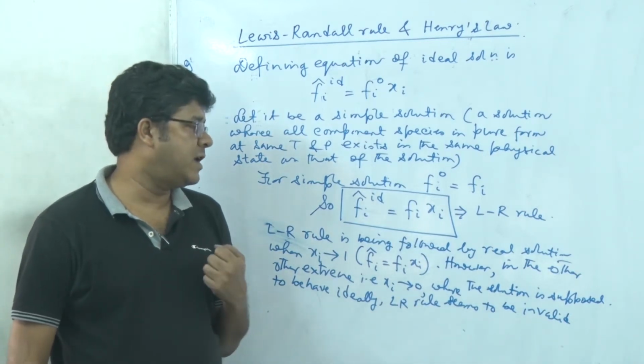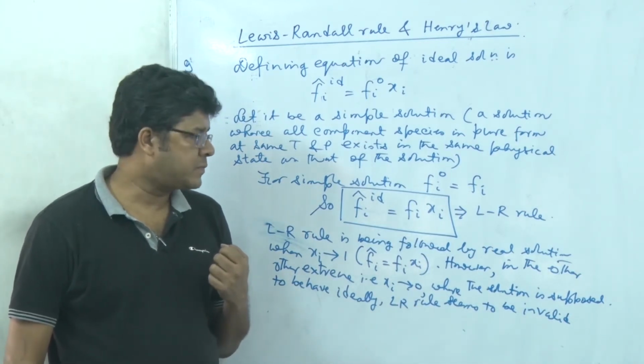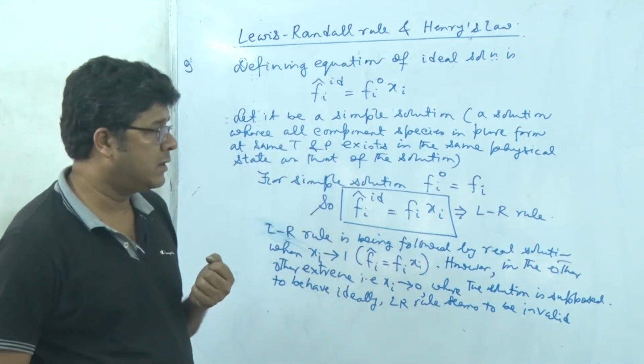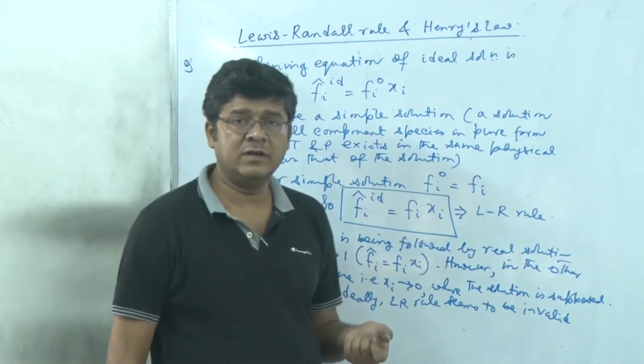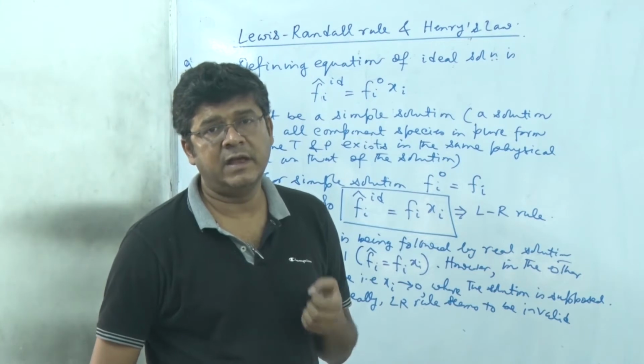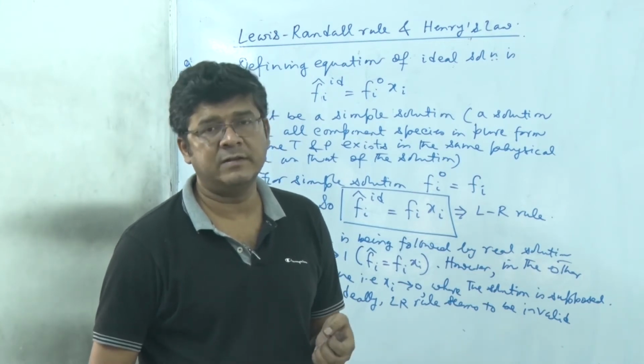Now if I am thinking of simple solution, what we observe, that LR rule is valid when xi is tending to 1, but even for a simple solution, when xi tends to 0, LR rule is invalid, right, has been established and proved to be invalid.